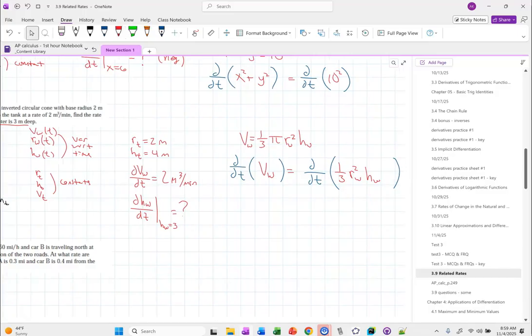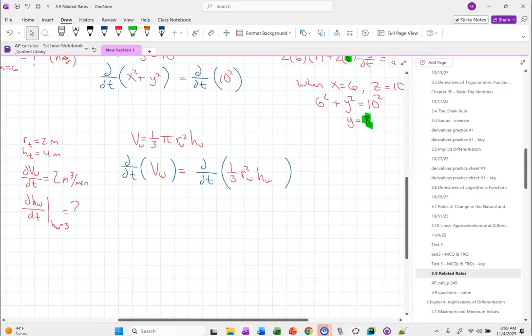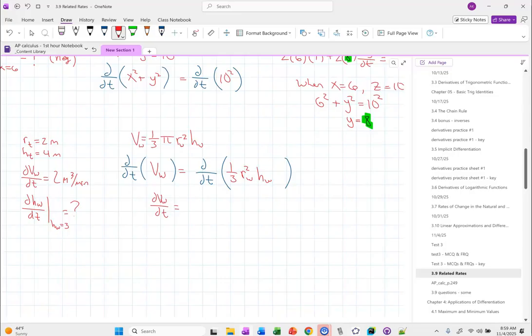Okay, the derivative of V_W is dV_W/dt. Don't bother with writing the 1, even though we know it's there. The derivative of 1/3 r_W squared h_W. Not quite. Do you see that you have the product of two functions? Yeah, we need a product rule here.